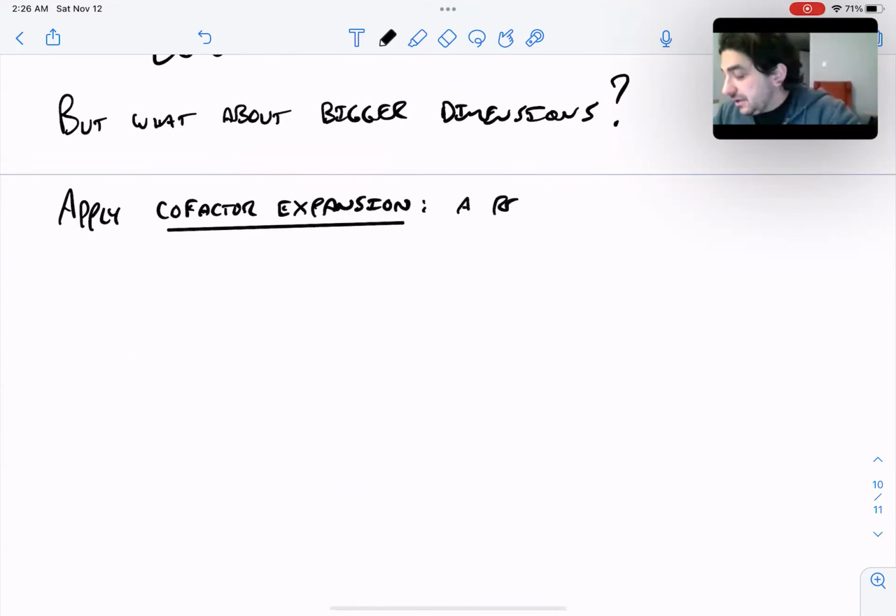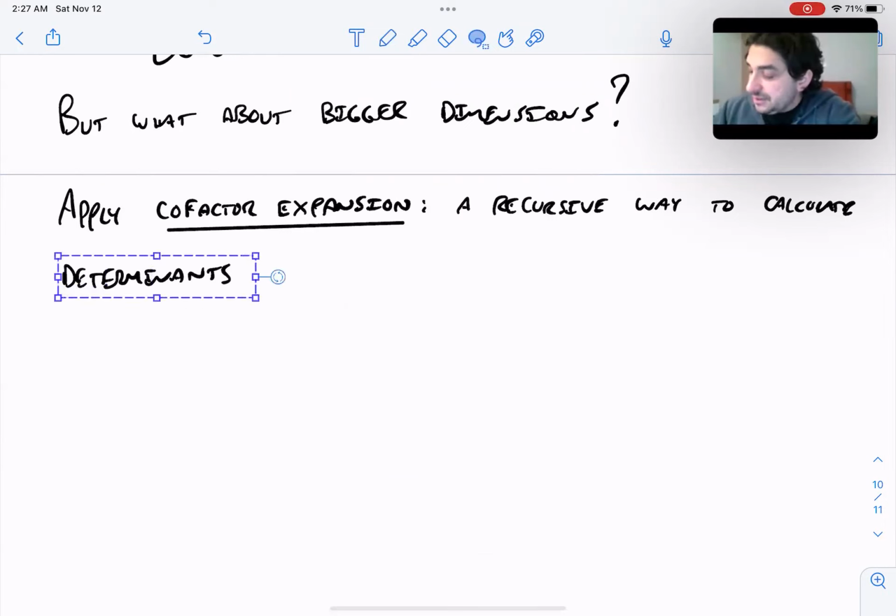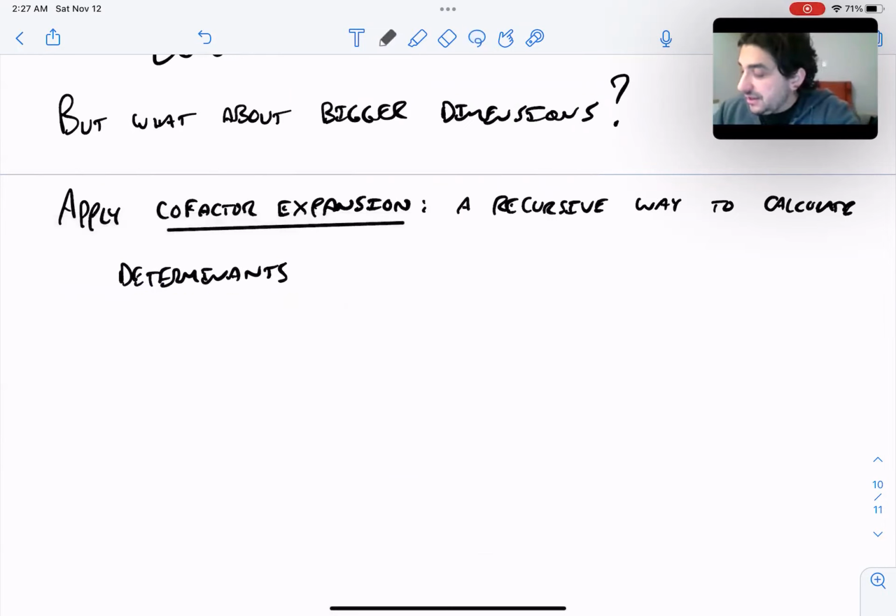this is a recursive way to calculate determinants, where you can calculate a larger dimensional determinant in terms of a smaller.